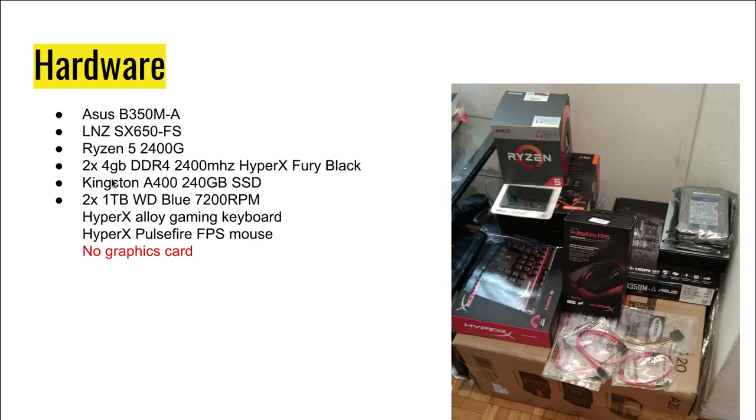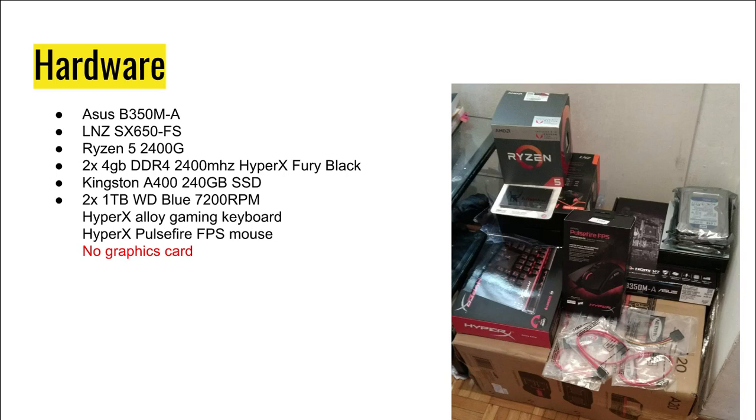For the RAM, I went with 2 sticks of HyperX Fury Black DDR4 RAM, 4 gigabytes each. I know it's not much for all the virtualization I mean to do, but of course I won't be running all the VMs all together, and for the games I'll be running, I think that's okay.